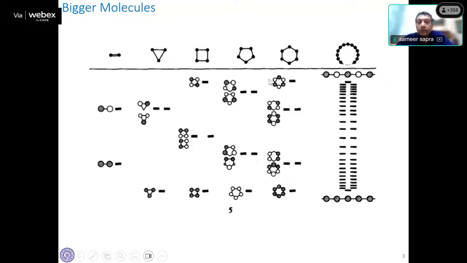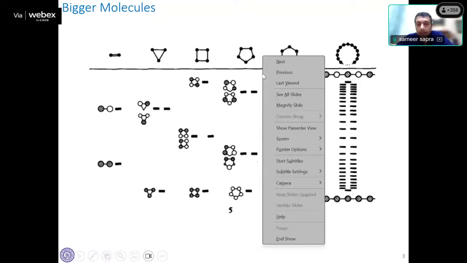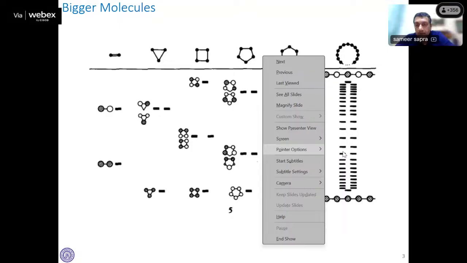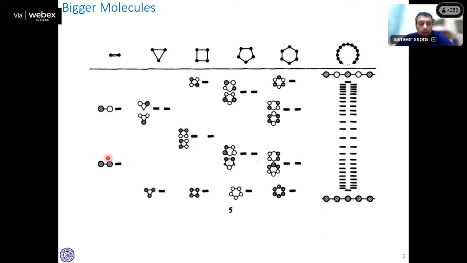What you see over here, and let me also get this pointer, it might be helpful. So what you see over here is the hydrogen molecule, and this is called the highest occupied molecular orbital, and that's your lowest unoccupied molecular orbital. And these terms are reserved for the molecules.